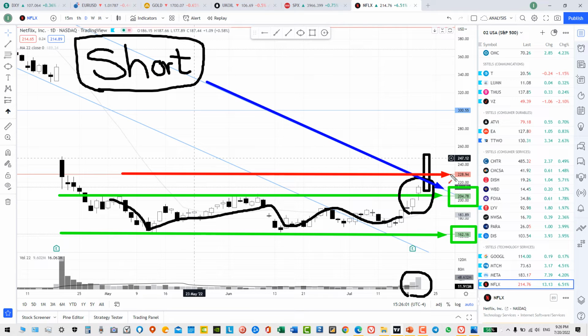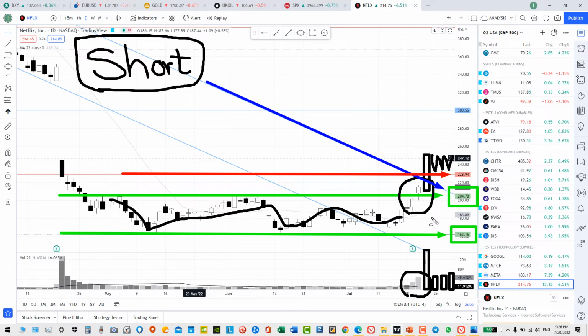So we need a joint break above these two types of resistances, after which we will require 2 or 3 days close above these two resistances. It's preferred that the candle of the break comes on above average volume, while the confirmation days come on below average volume.